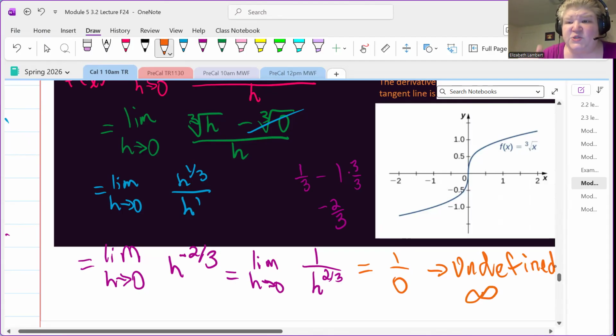Vertical lines have undefined slope, but when we're talking about limits at infinity, that 1 over 0 undefined state can also be thought of as infinite slope, because the lines to either side are like a really huge positive infinity number or a really huge negative infinity number, depending on whether the line was an increasing or a decreasing line.